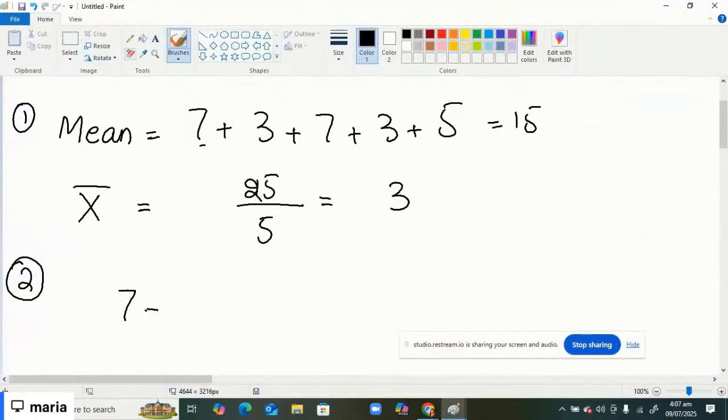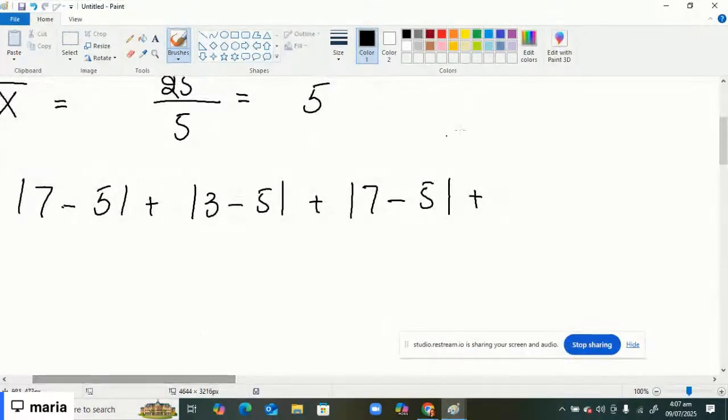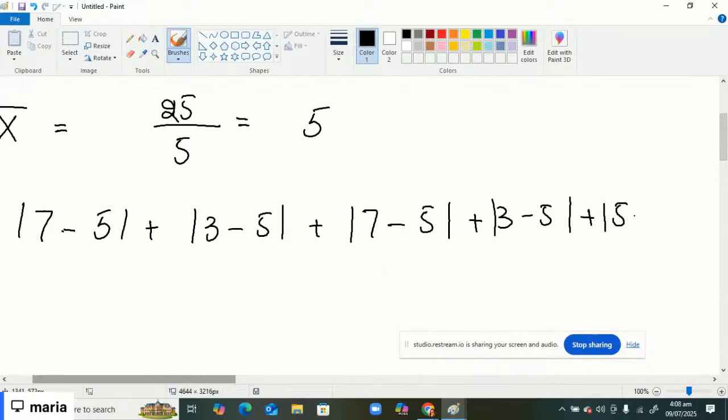Wait, the mean is 5 here. So 7 minus 5 taking absolute, add 3 minus 5 taking absolute, add 7 minus 5 taking absolute, add 3 minus 5 taking absolute, and plus 5 minus 5 taking absolute.